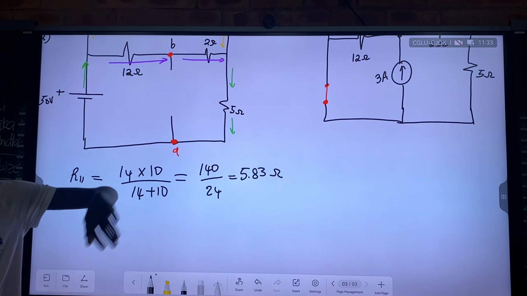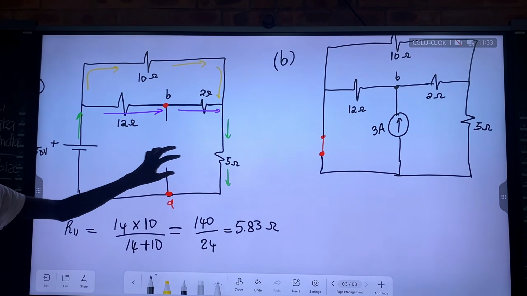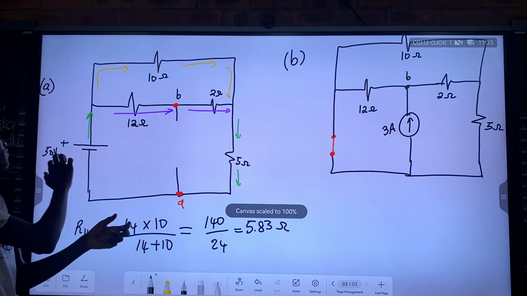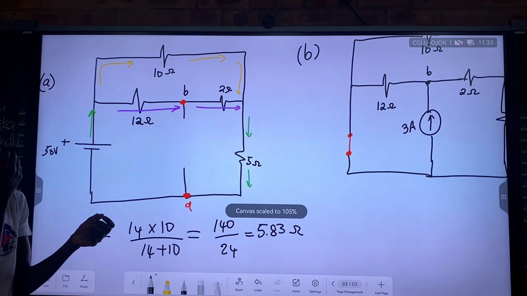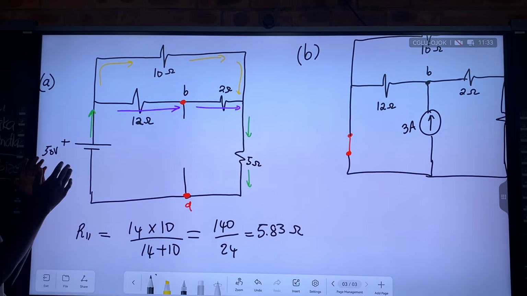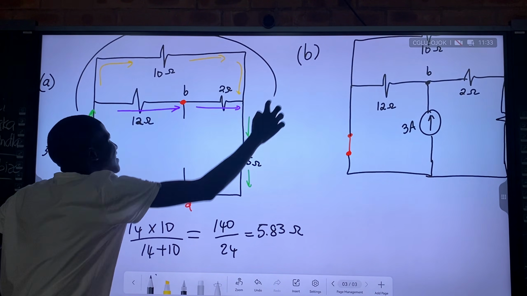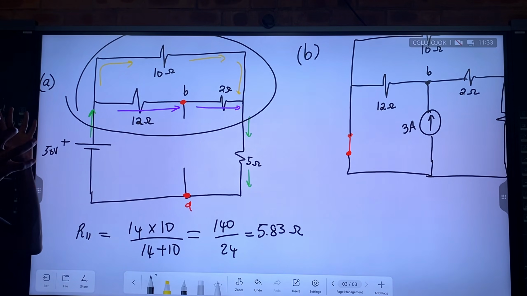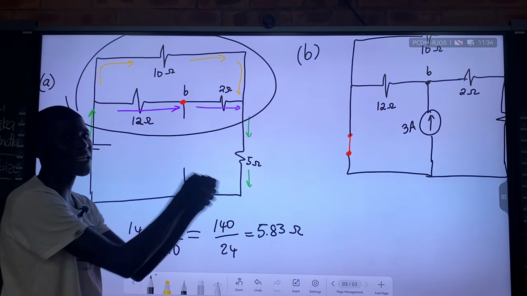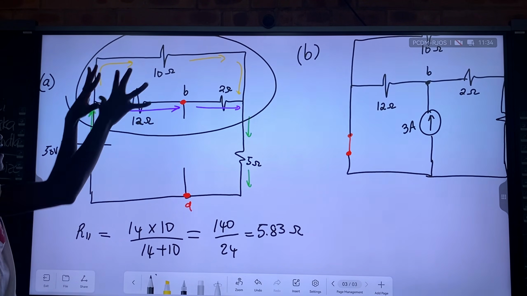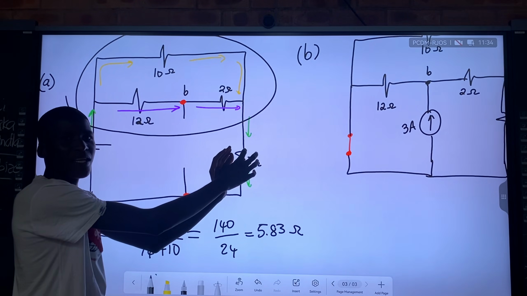This 5 ohms resistor is also taking away from the 50 volts. The 50 volts is going to be divided across this effective resistor. Remember, effective resistance is the entire thing, and we are combining it straight into 5.83 ohms, which is in series with the 5 ohms.